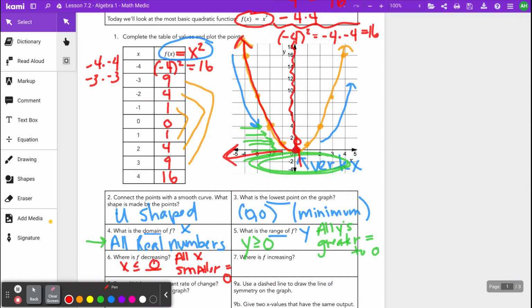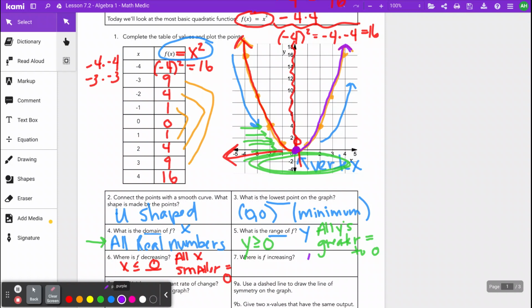Similarly, it says, where is f of x increasing? Okay, well, starting at 0, f of x is increasing. And again, that arrow means that I don't actually stop increasing in this case. There's no stopping x value for increasing.